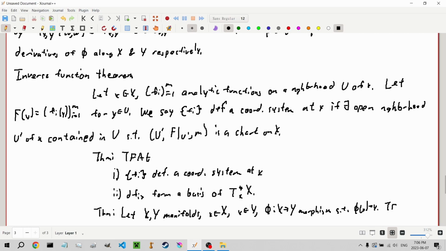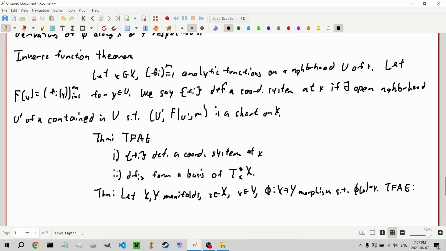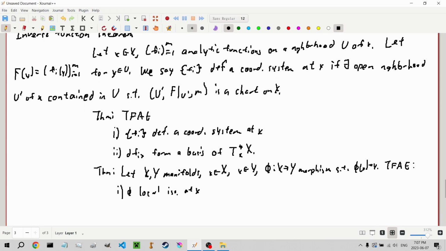Then the following are equivalent. One, phi is a local isomorphism at x.